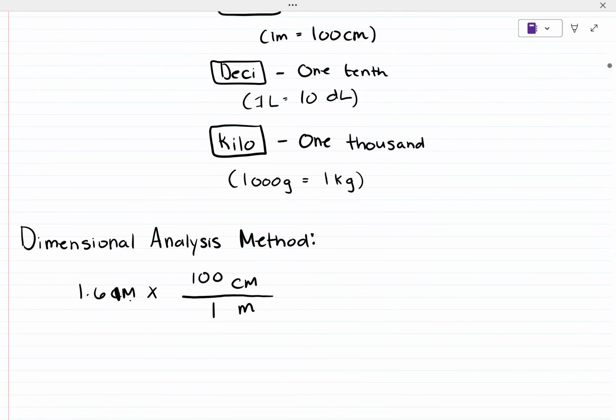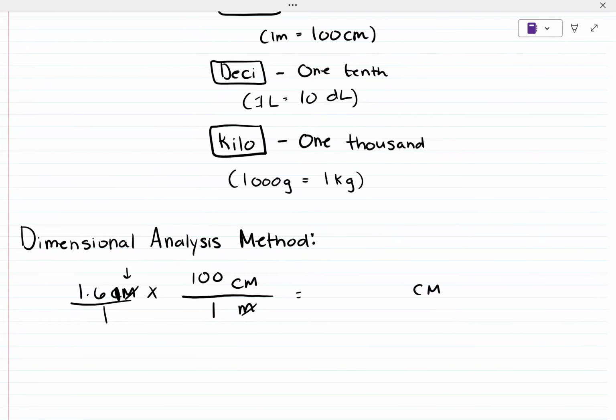This one has a denominator of one, and remember when you're multiplying fractions, you multiply across. If you look at the units carefully, what cancels out? The meters, because the meter is the same on the top and bottom, so they cancel. You're now left with centimeters, and then just multiply it out on top.